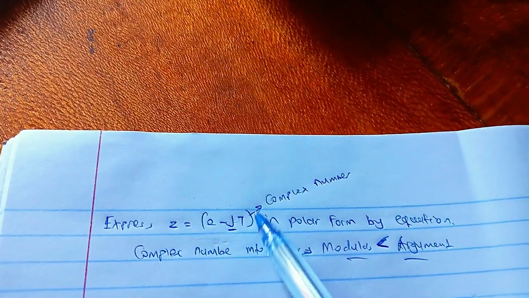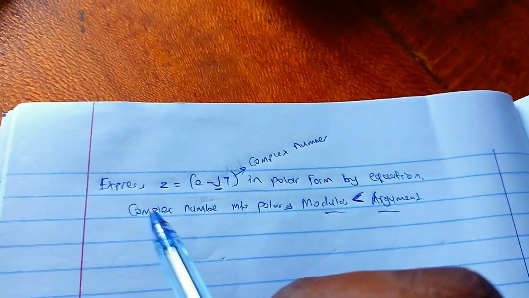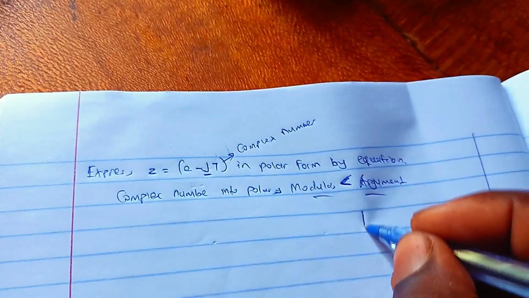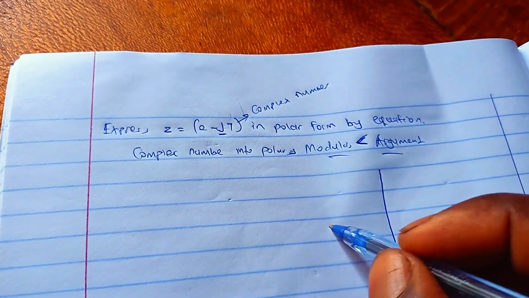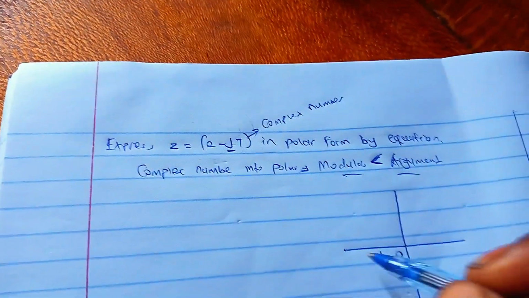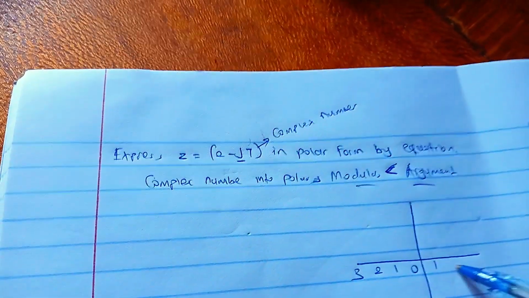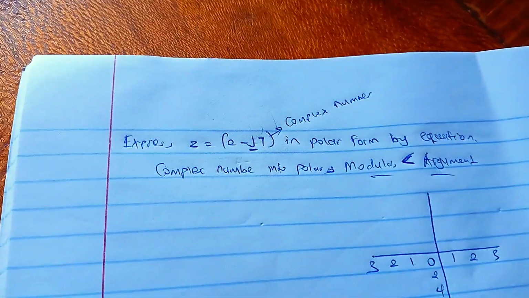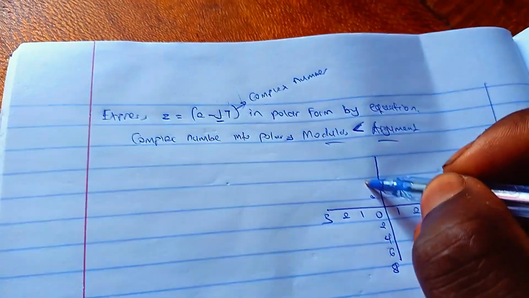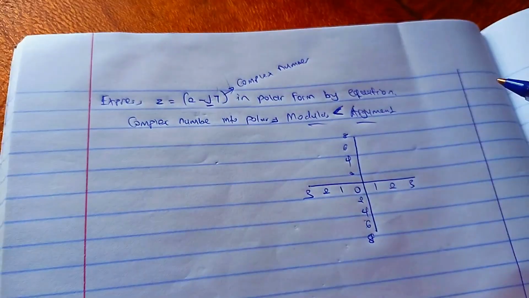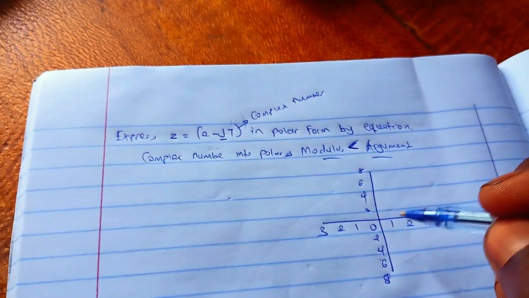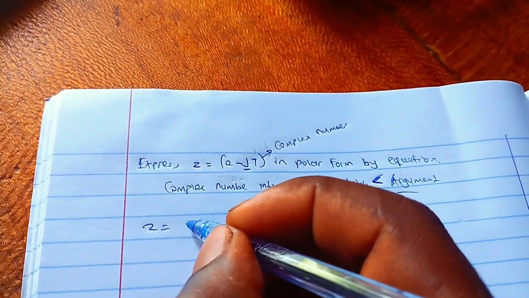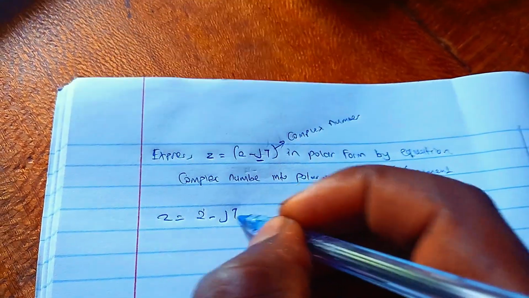Let me represent this complex number in an Argand diagram for you to understand it better. This is the diagram that I'm drawing. Remember, this is the 2 minus j7.